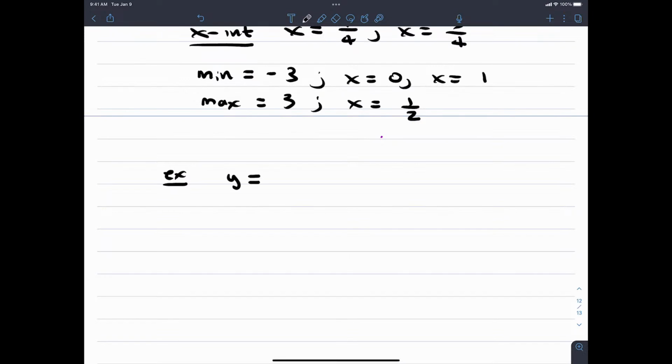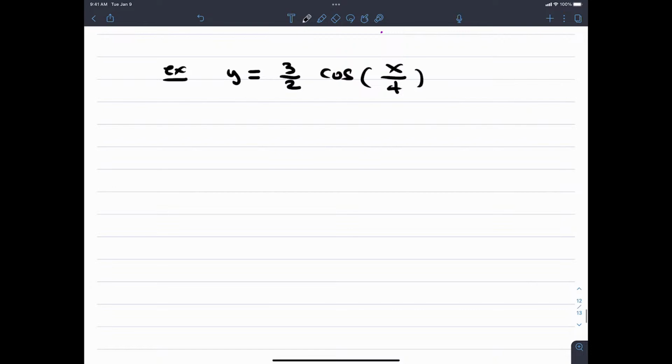Let's say y equals 3/2 cosine x over 4 here. Okay. I'm going to give you guys some time to work on this one. Where's our clock? And of course, we'll go over it.